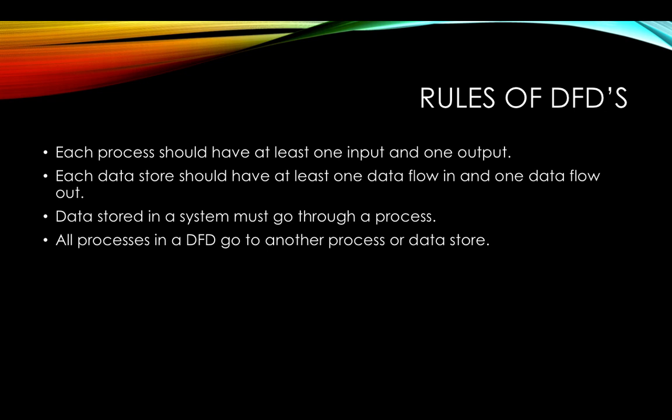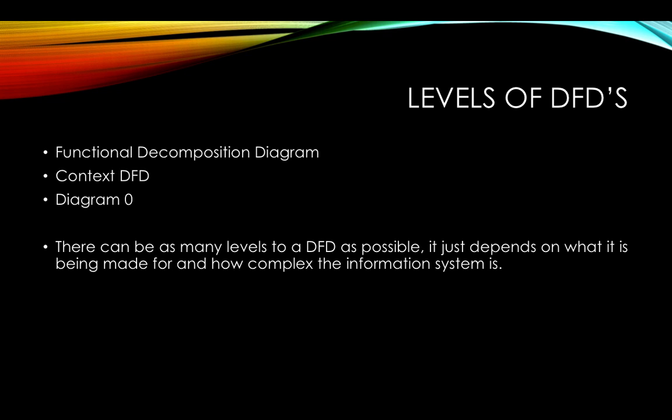Now, the rules are that each process should have at least one input and one output. Each data store should have at least one data flow in and one data flow out. Data stored in a system must go through a process, and all processes in a DFD go to another process or data store, and we'll get a little bit more into these rules and how they coincided with my homework.